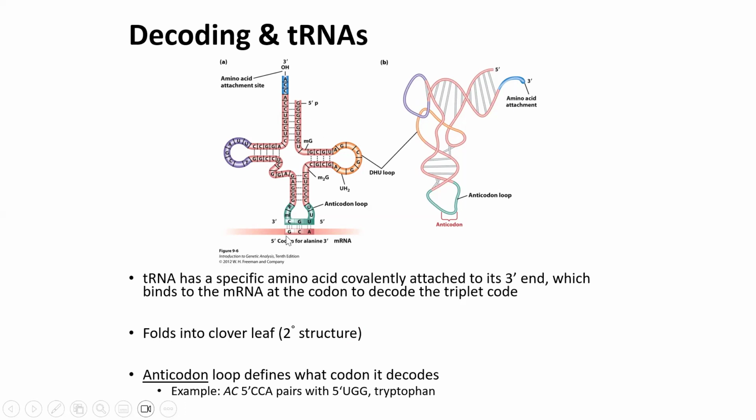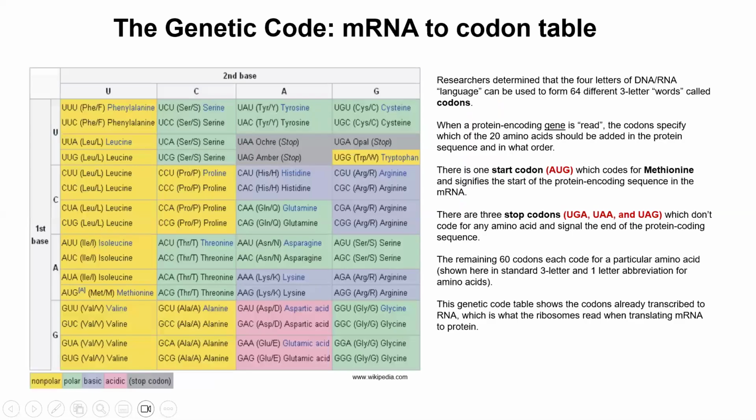And the anticodon loop, this loop here, is what determines what codon it deciphers. So if you have an example of this, where it's 3' ACC 5', it pairs with a 5' UGG. And it codes for tryptophan, which we'll cover here, where it involves the genetic code itself.